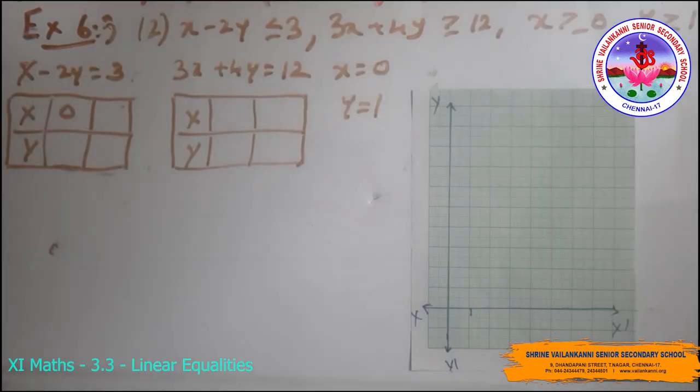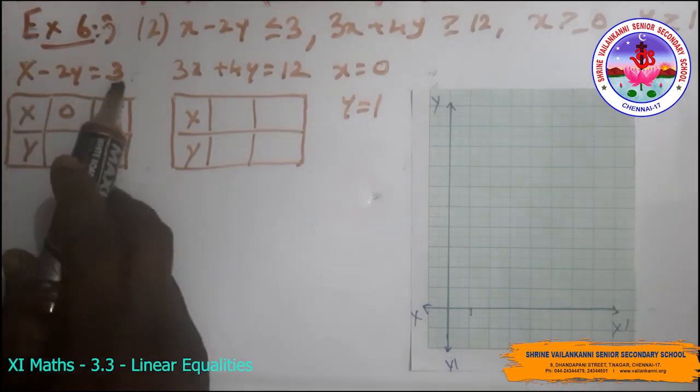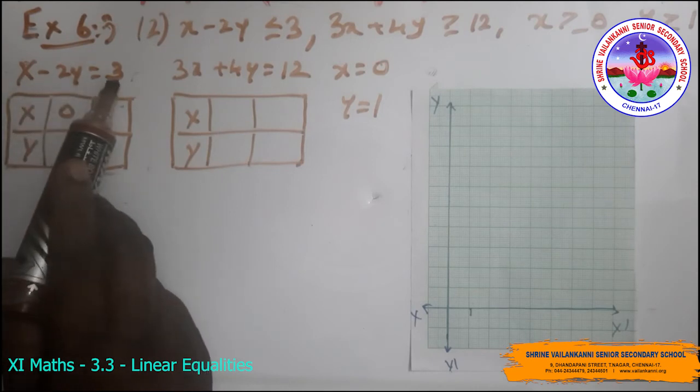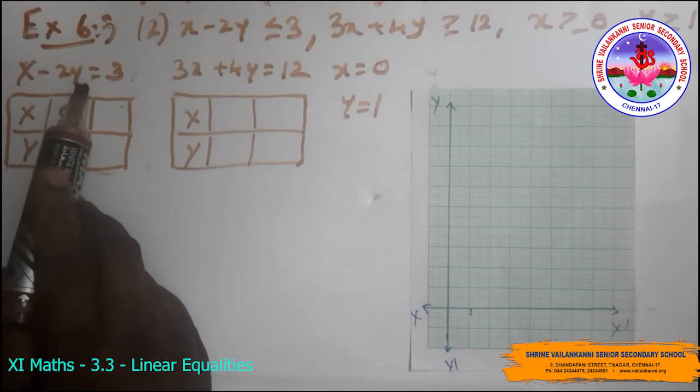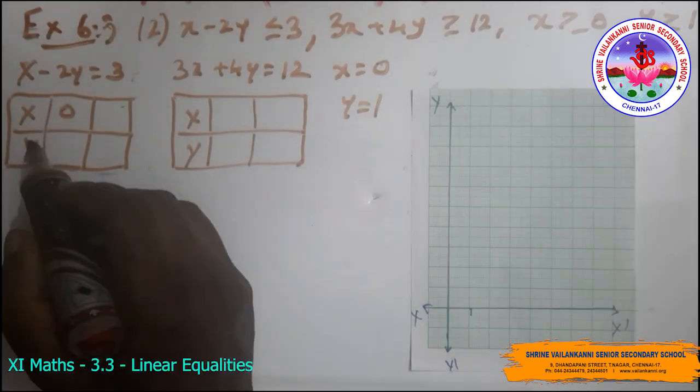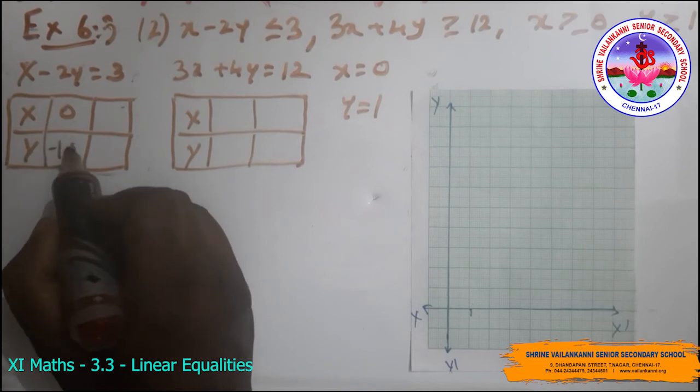12th question, x minus 2y less than or equal to 3, 3x plus 4y greater than or equal to 12, x is greater than or equal to 0, and y is greater than or equal to 1. So the first equation is x minus 2y equal to 3, and x is 0, minus 2y equal to 3, so y equal to minus 3 by 2, which is minus 1.5.